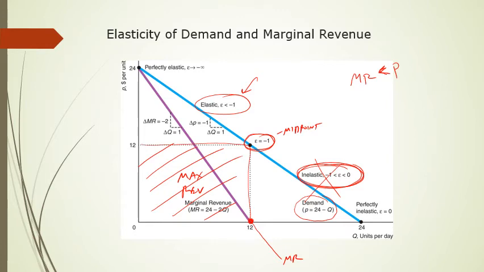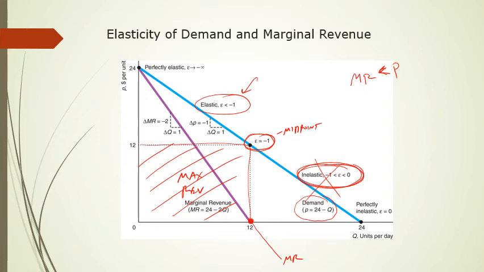So MR is negative. When MR is positive, we're on the elastic portion of demand. Where it's negative, in those quantities, we're on the inelastic portion of demand. We would say that it wouldn't be good for firms generally to ever be on the inelastic portion of their demand curve, where MR is negative.